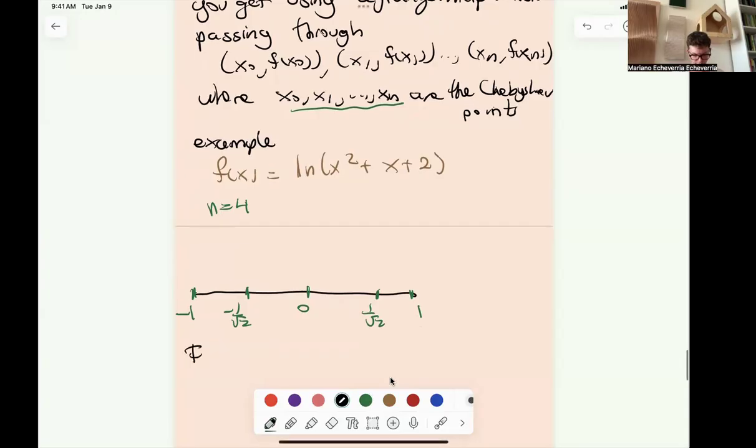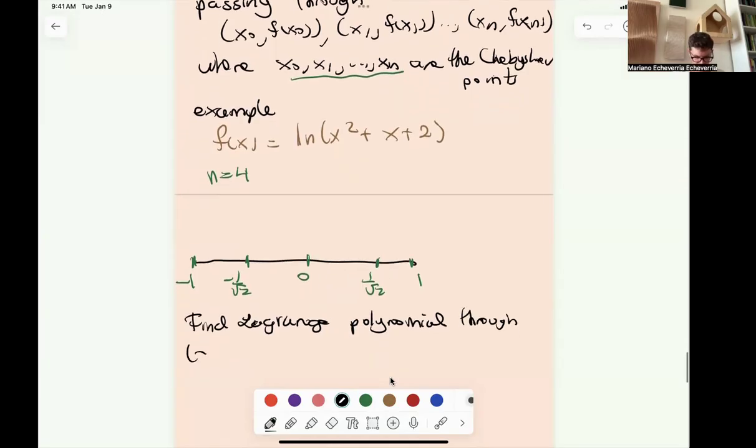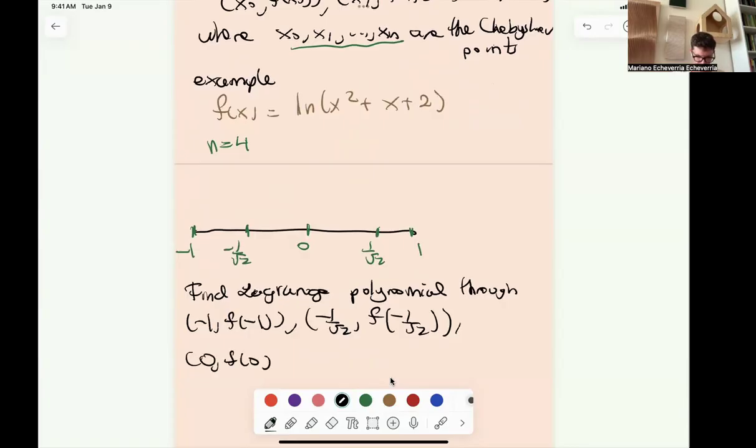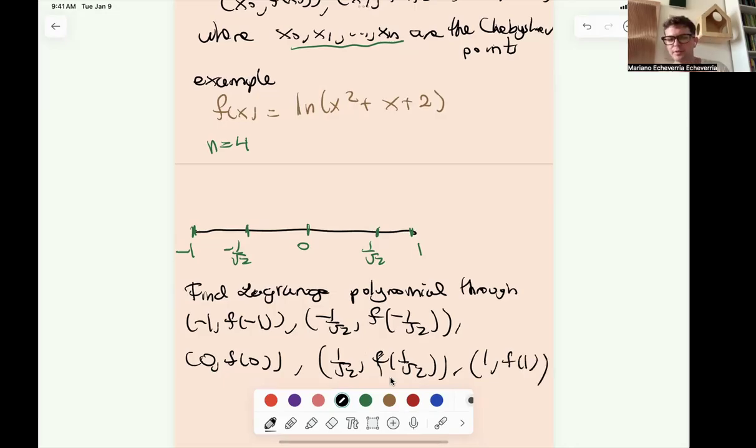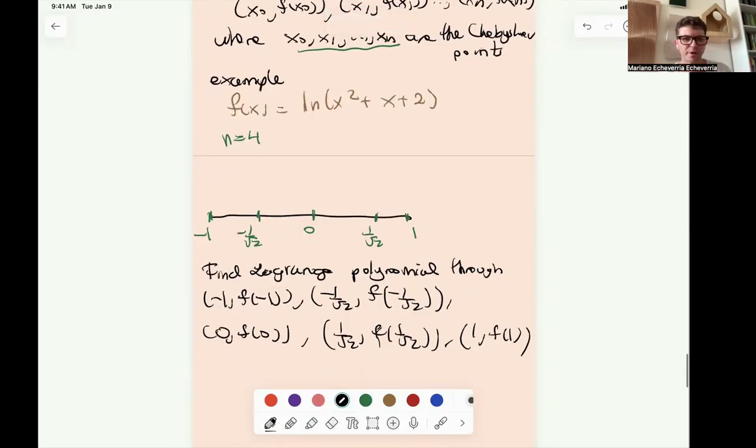So you find the Lagrange polynomial through what? -1, f of -1, -1 over root of 2, f of -1 over root of 2, 0, f of 0, 1 over root of 2, f of 1 over root of 2, and then 1, f of 1. And of course, because it involves natural log, you need to do some approximations.